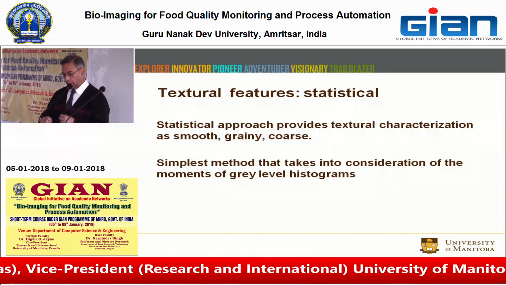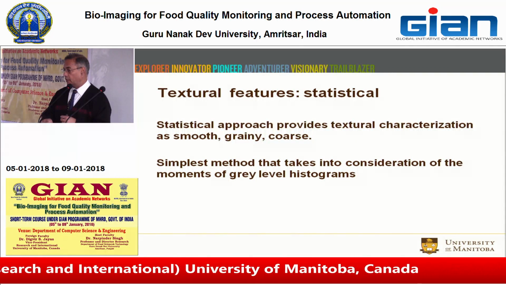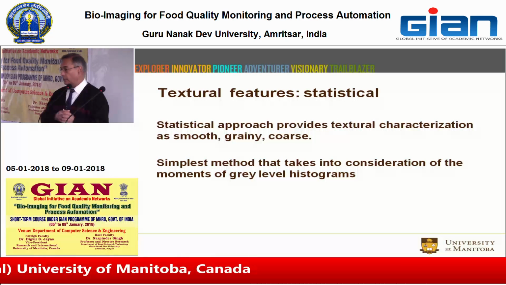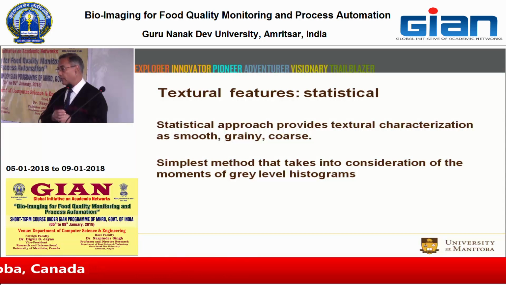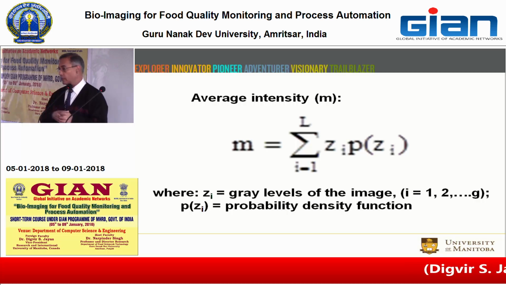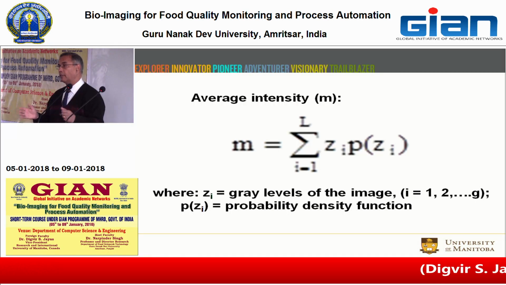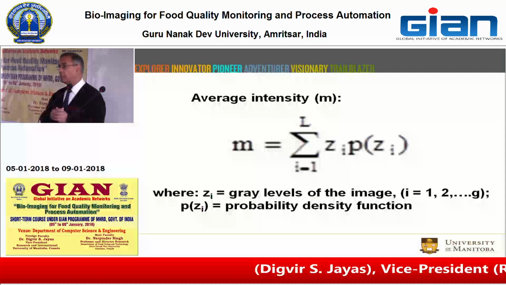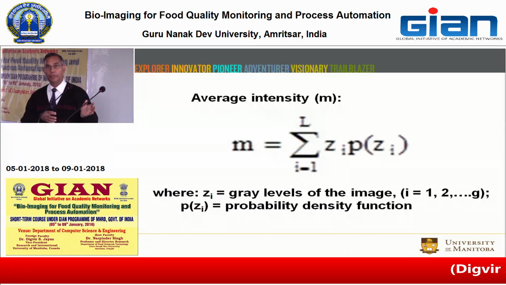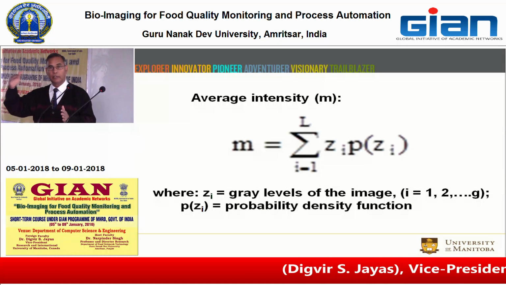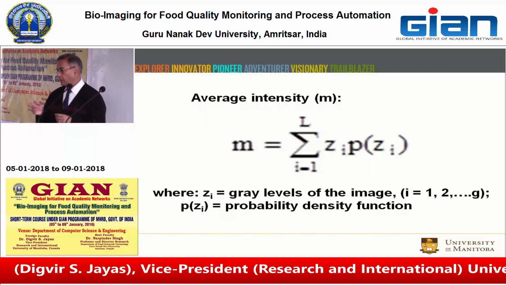So the statistical method of extracting textural features: when you use the statistical tools, you would basically be extracting features which help characterize the smoothness, graininess, and coarseness on the surface. The simplest method is to take into consideration the moments of gray level histograms, and then from those moments you basically calculate these textural features.